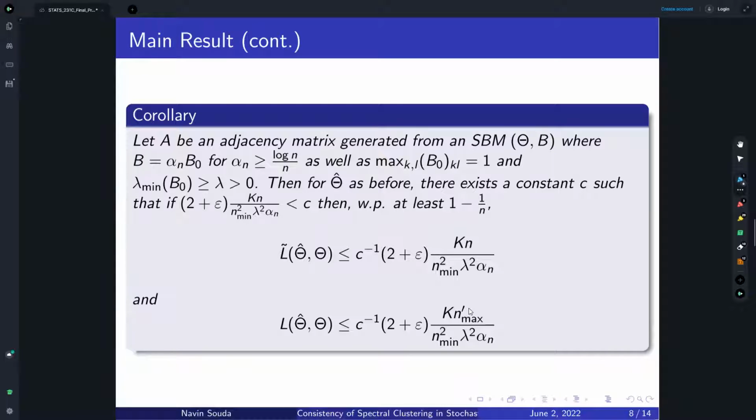So basically, this makes it a little more clear how the sparsity constraint plays its role, right? As alpha n gets smaller, this entire thing is going to get bigger. One thing we can see is that if n max and n min grow at similar rates, we can simplify this to look something like k over n lambda squared alpha n.